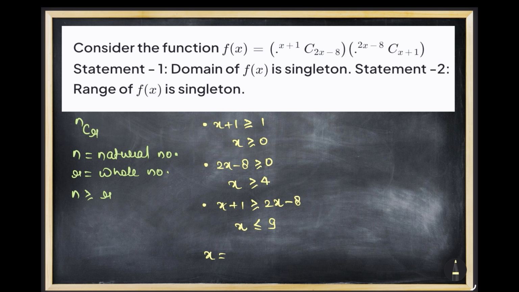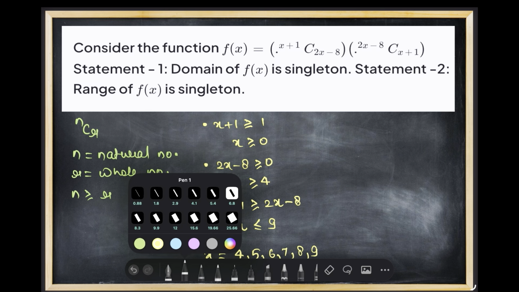So your number should be greater than 0 as well as greater than 4. So to take care of both, the number has to be greater than 4 and it should be smaller than 9. So can I say that it is 4, 5, 6, 7, 8, 9. So this is the domain for the first part.